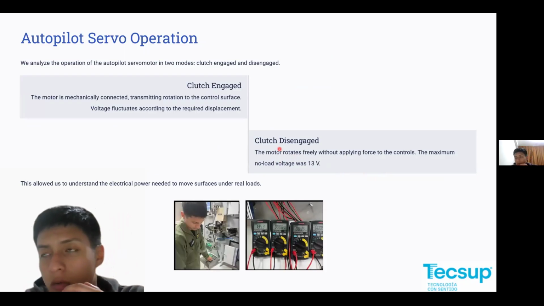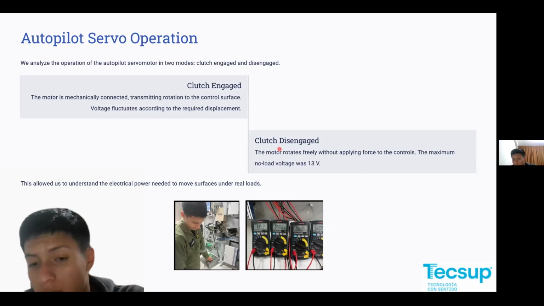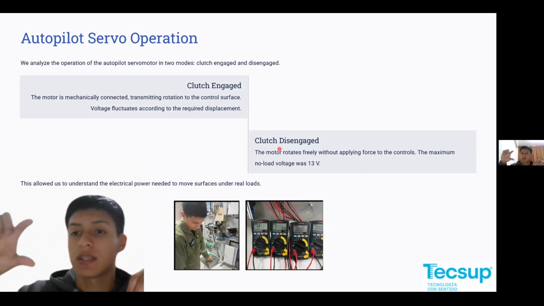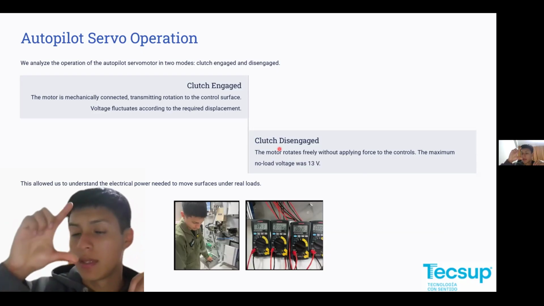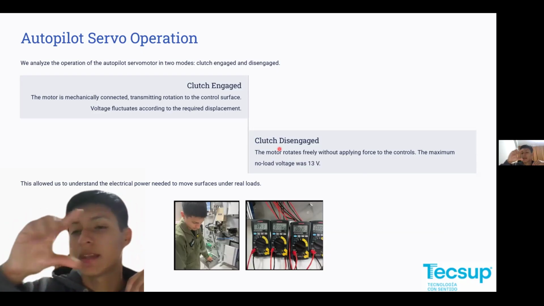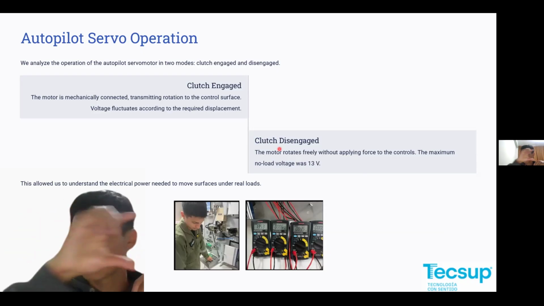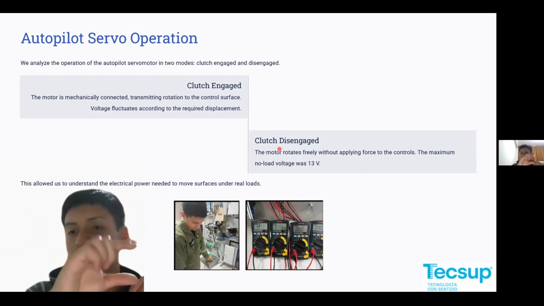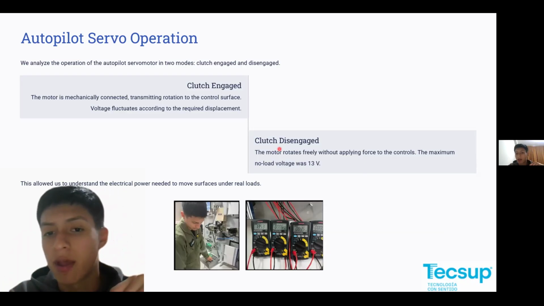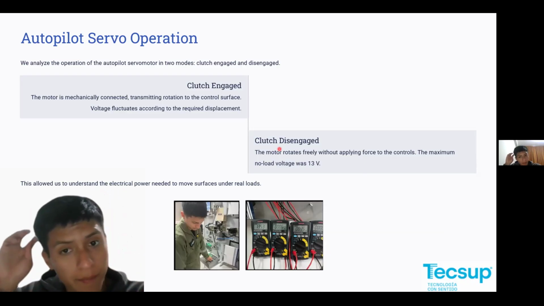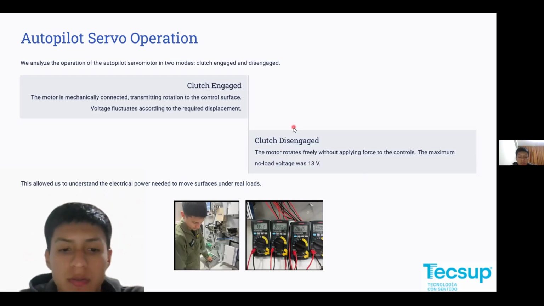In this case, when I clutch, the voltage is the same, but the time is different. The current is the same always, but the time no. This is the case of this system of clutch or not clutch.